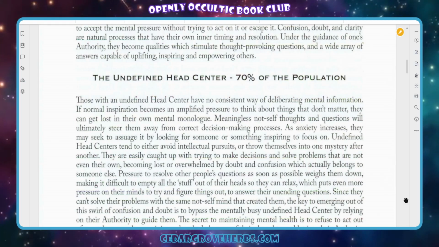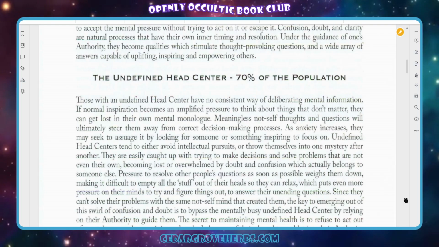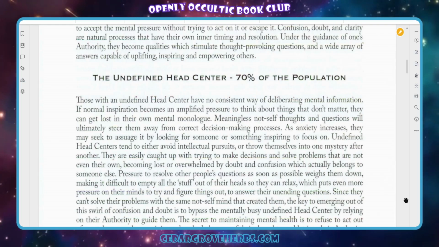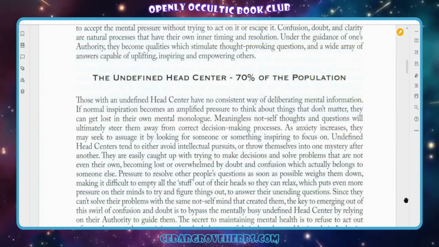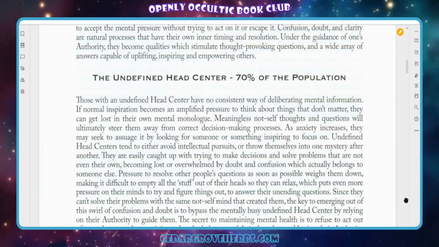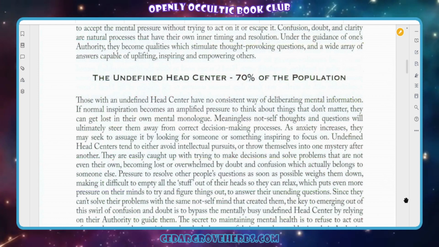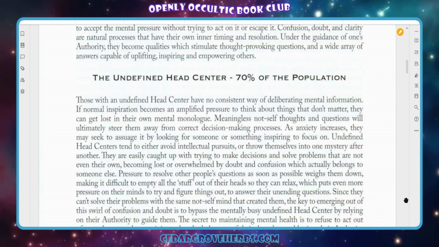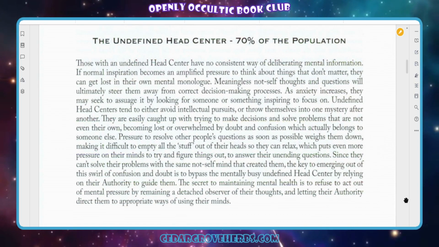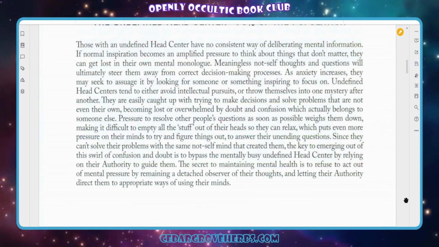As anxiety increases, they may seek to assuage it by looking for someone or something inspiring to focus on. Undefined head centers tend to either avoid intellectual pursuits or throw themselves into one mystery after another. They're easily caught up with trying to make decisions and solve problems that are not even their own, becoming lost or overwhelmed by doubt and confusion which actually belongs to someone else.